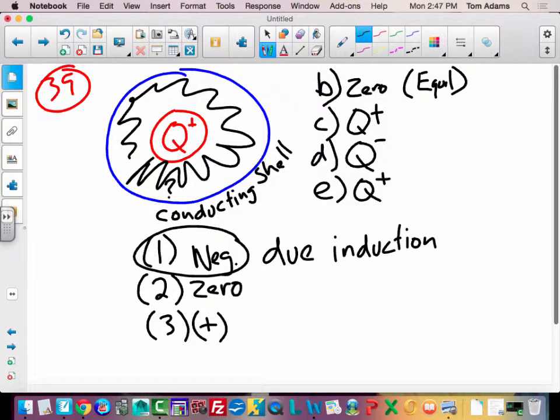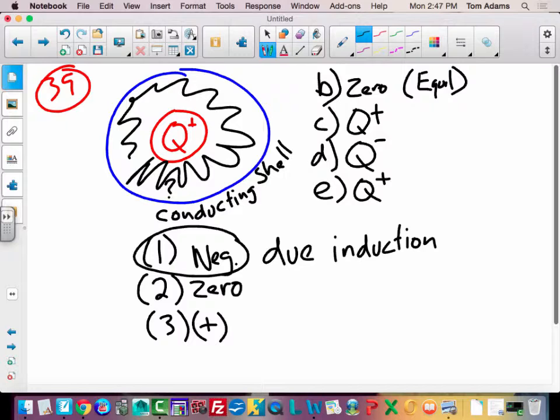And then for part B, it says in terms of Q, how much charge is on the interior of the sphere? Well, on the interior for part B, it's zero, because all excess charge resides on the surface of the conductor in electrostatic equilibrium, right? Then part C says the surface of the sphere. Well, that should be plus Q, since all excess charge resides on the surface of the conductor in electrostatic equilibrium.